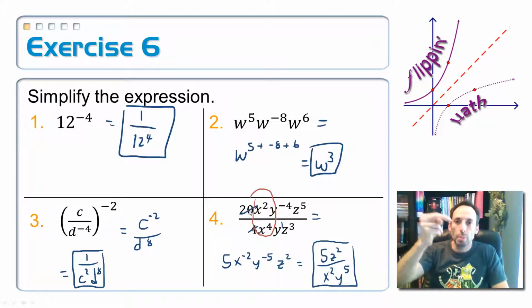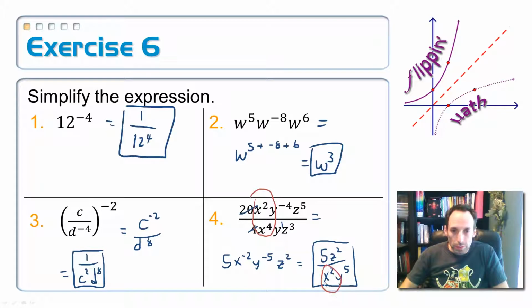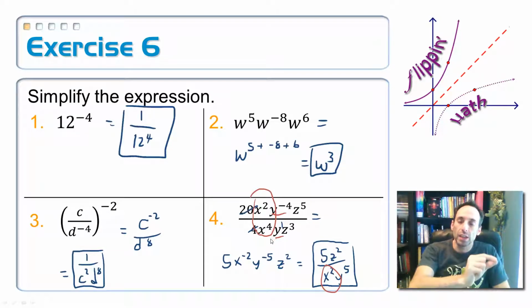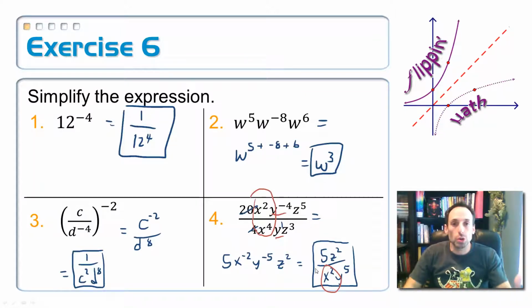Since 4 was bigger on the bottom, that's where we would keep it. Same thing would happen on, say, the y's. The y's, the first power is bigger than the negative 4 power. So we're going to keep it on the bottom and then do 1 minus a negative 4, which is 5, y to the 5th. Okay, so there's another kind of shortcut that you could do if you notice those kind of things.